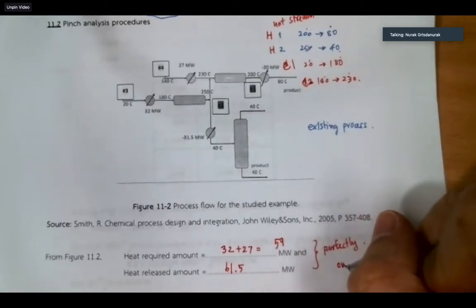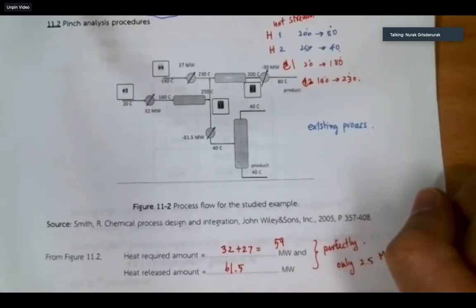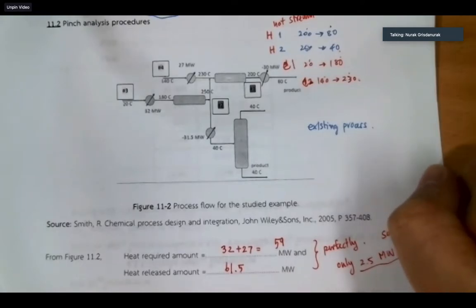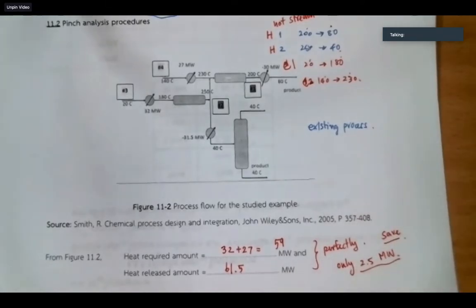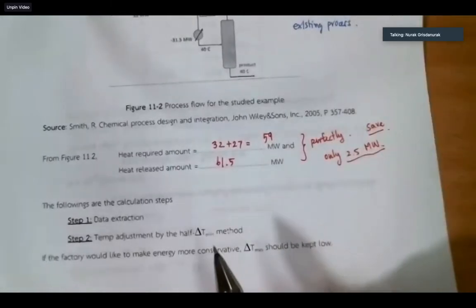Only 2.5. You save a lot of money. On the other hand, you may have to increase the capital cost, the cost of the heat exchanger equipment.